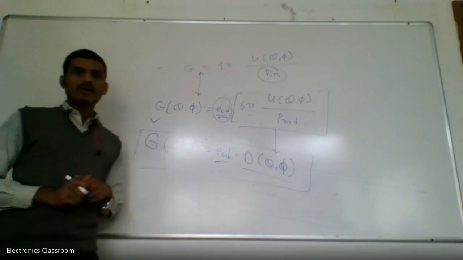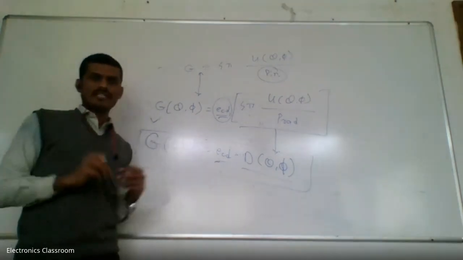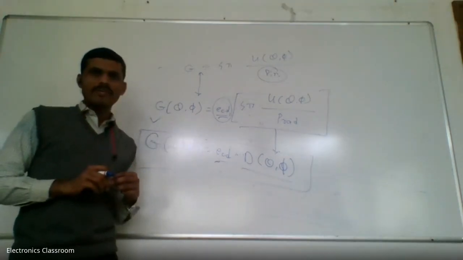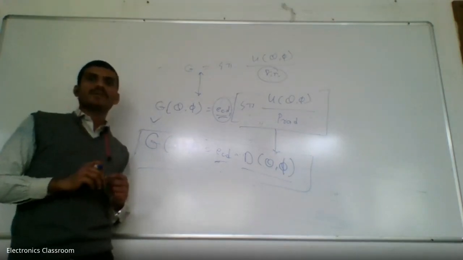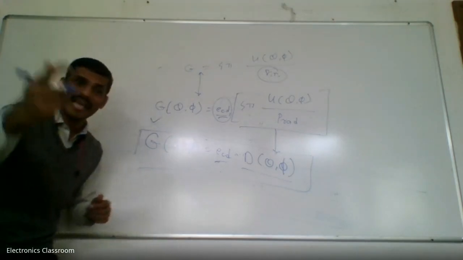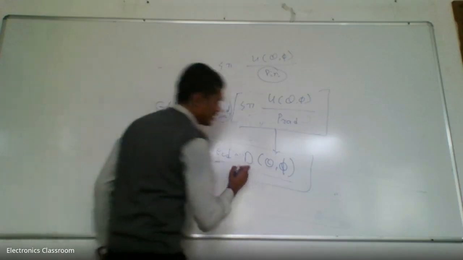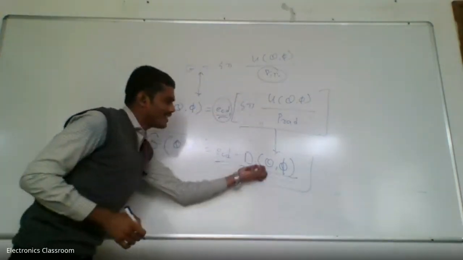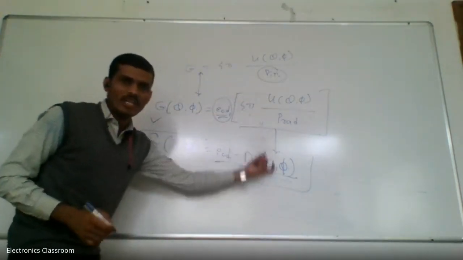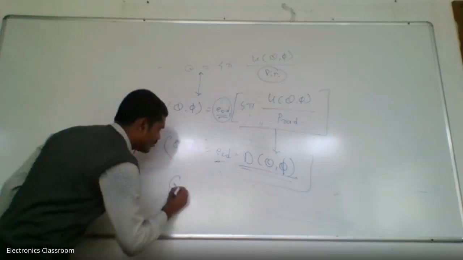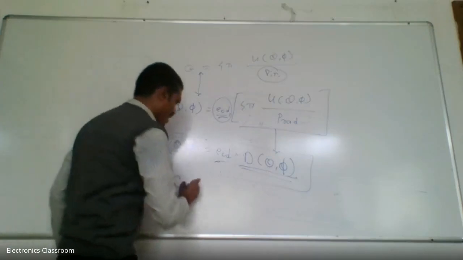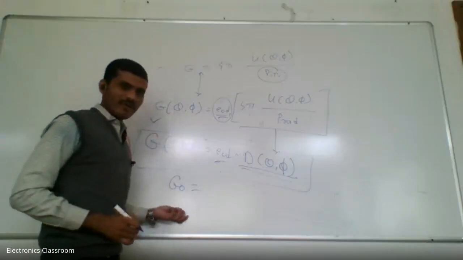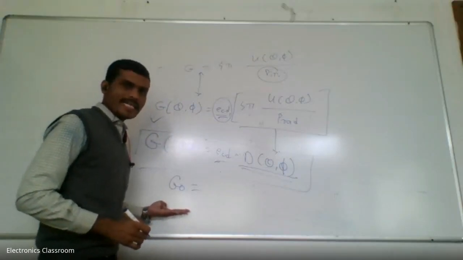Now, when no direction is given, we can calculate the maximum value of the gain, which is related to the maximum directivity. When we take the maximum directivity of the antenna, we can calculate the maximum gain of that antenna, defined by G0.